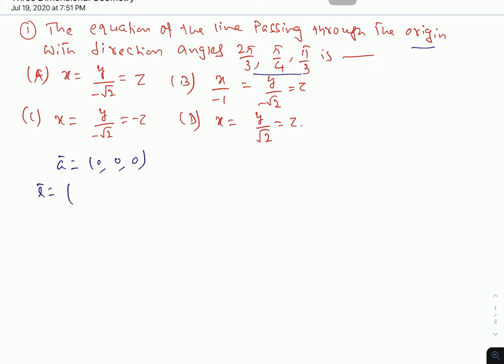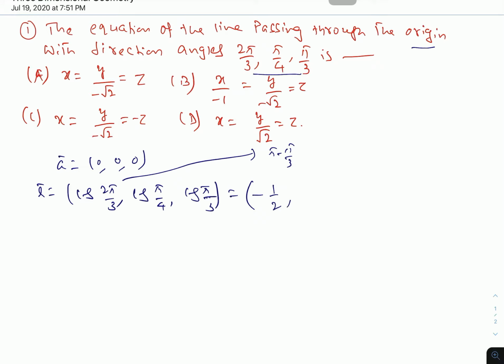L bar is cosine 2π/3, cosine π/4 and cosine π/3. Cosine 2π/3, so it is π minus π/3. In the second quadrant cosine is negative, so it is minus cosine π/3, which is minus 1 by 2. Cosine π/4 is 1 by root 2, and cosine π/3 is 1 by 2.